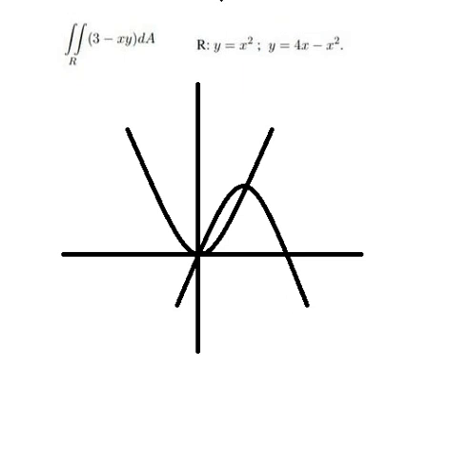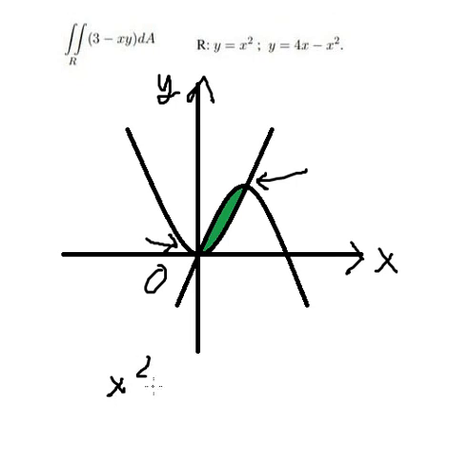So the area we need to concentrate on is this one. We need to find the intersection here and here. So we have x squared equals 4x minus x squared.